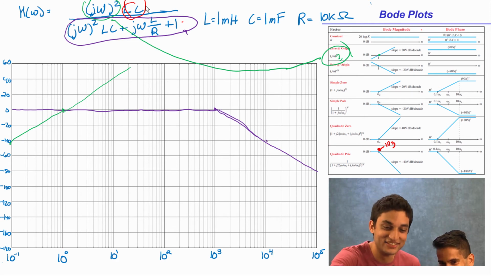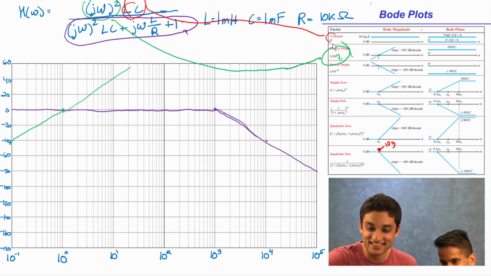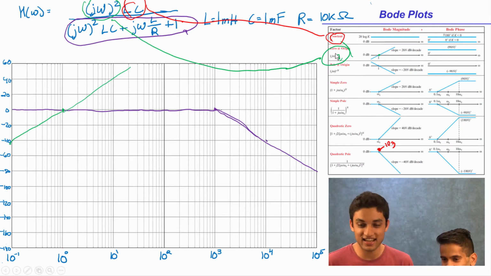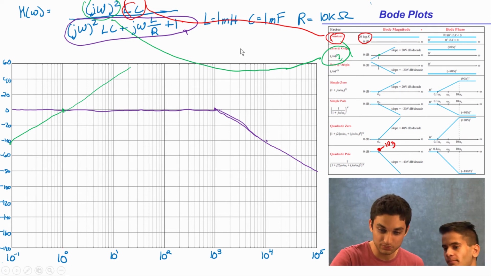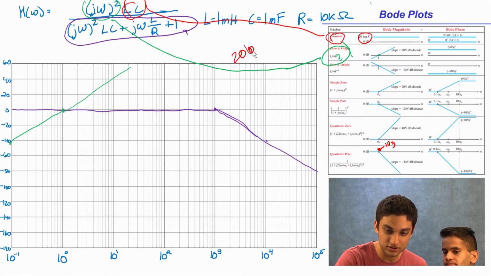Okay, so as you remember, this is the constant term, so constant k. We're going to try and find 20 log k. So we're going to look at 20 times log of LC. So this times this, which is 10 to the minus 3 times 10 to the minus 3, which is 10 to the minus 6.